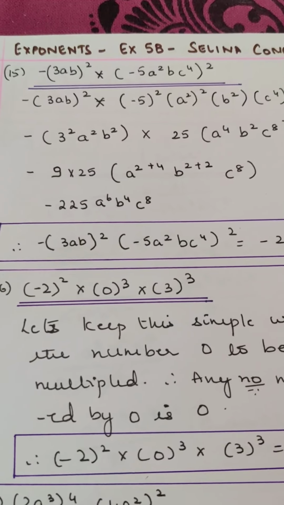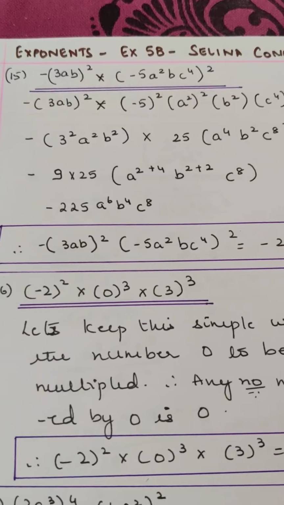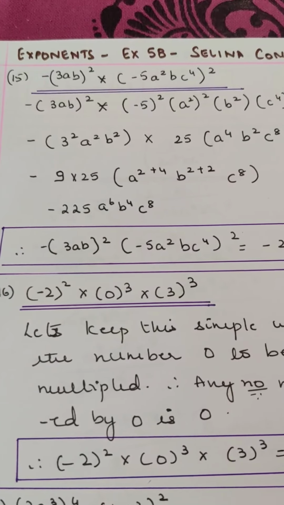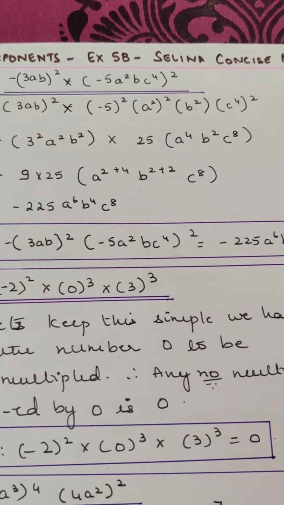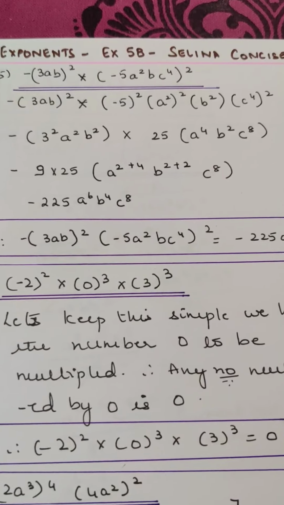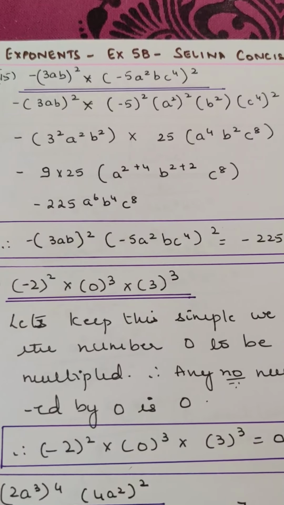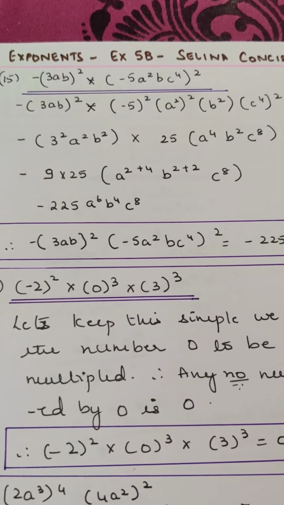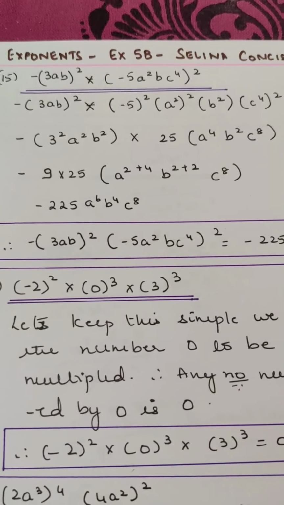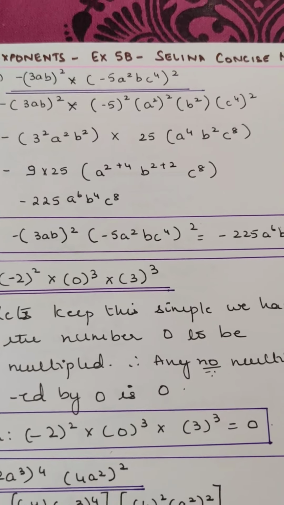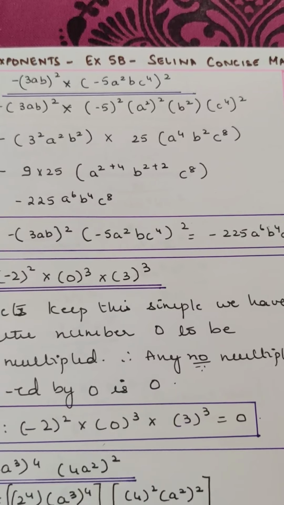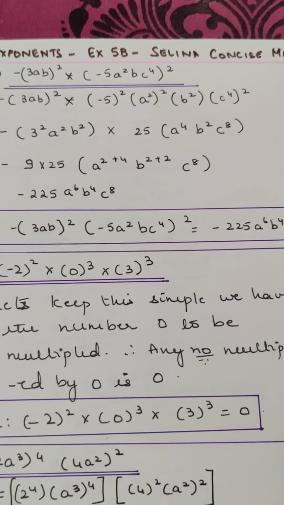This gives you minus 225 a to the power of 6 b to the power of 4 c to the power of 8. That is equal to minus of 3ab the whole square into minus 5a square b c to the power of 4 the whole square gives you minus 225 a to the power of 6 b to the power of 4 c to the power of 8.